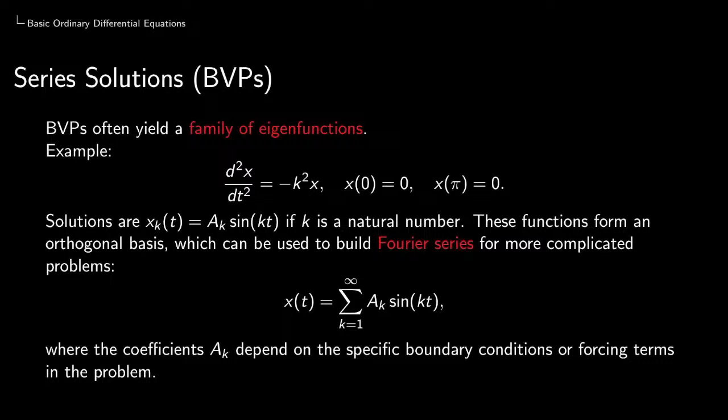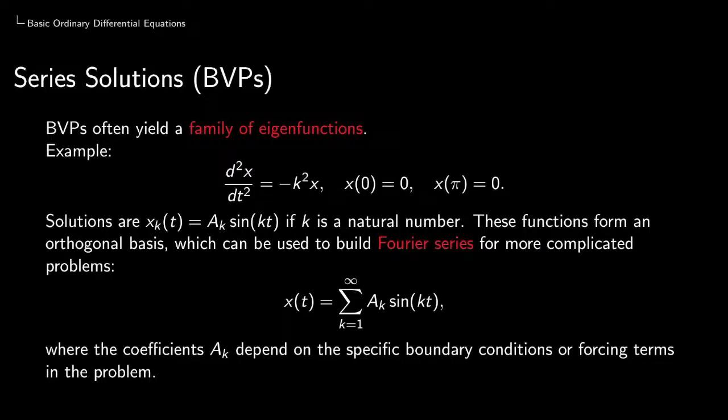Usually in a broader context, you can take the different values of k. You have sine of t, sine of 2t, sine of 3t. And for different values of a_k, you can use these to build out an orthogonal basis, which then can be used to build out a Fourier series. For more complicated problems, you can represent a lot more functions using a Fourier series.